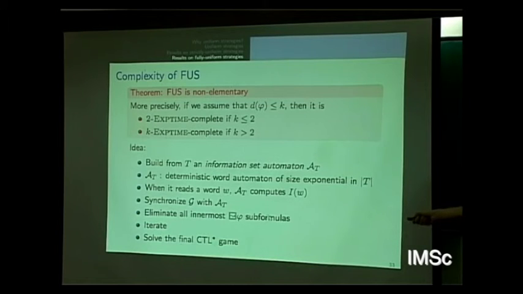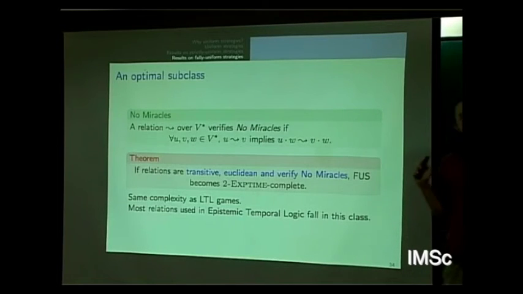At the end, when you have removed all these formulas, you solve the final CTL star game. So this gives this complexity. But if you make some more assumptions on the relations, you get better results.